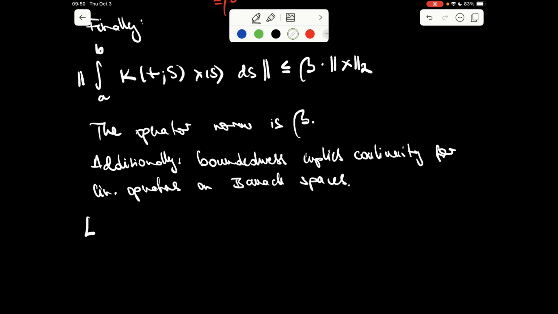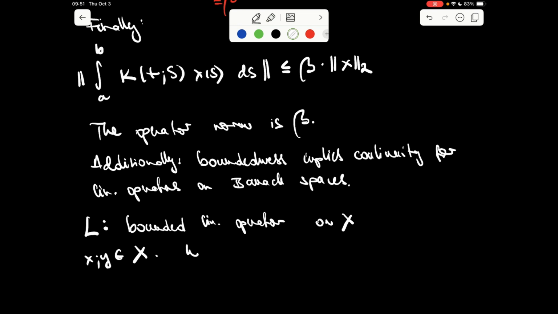We have L as a bounded linear operator on X. We have x and h as elements in the space, also in the space.